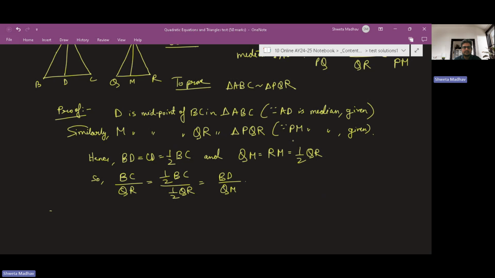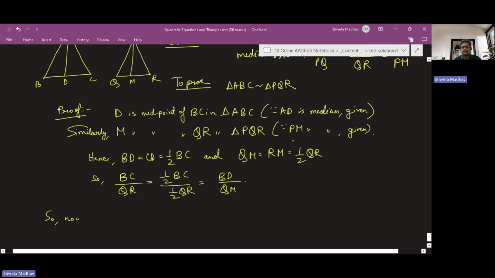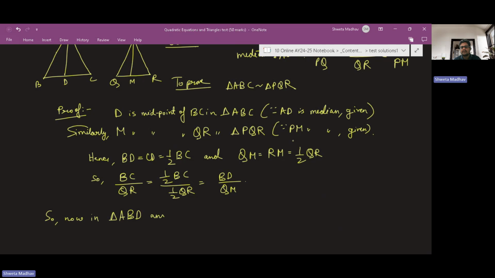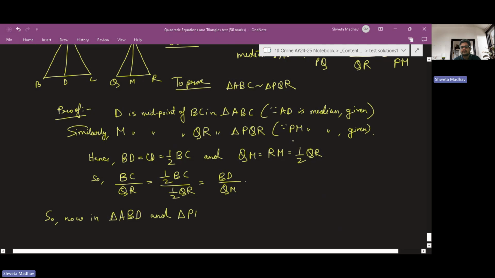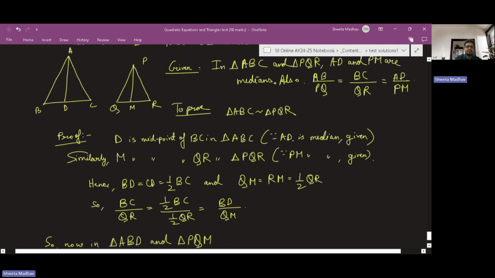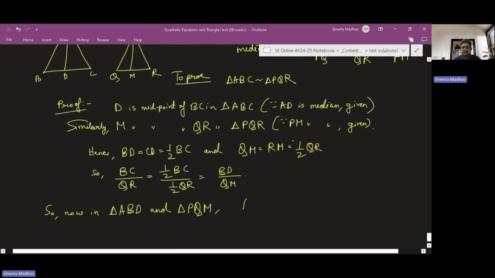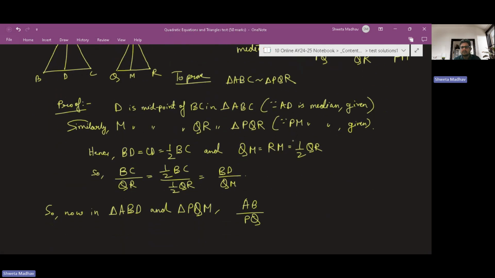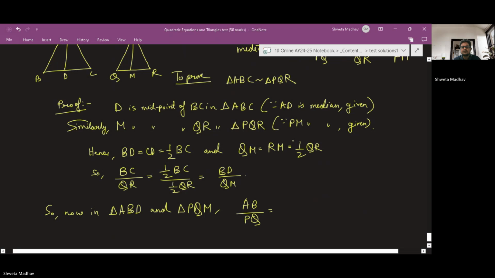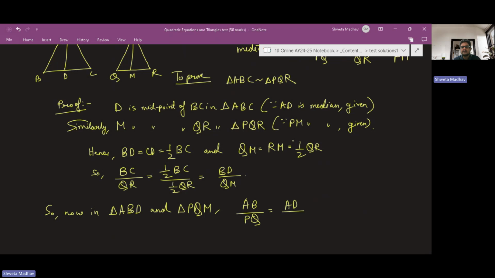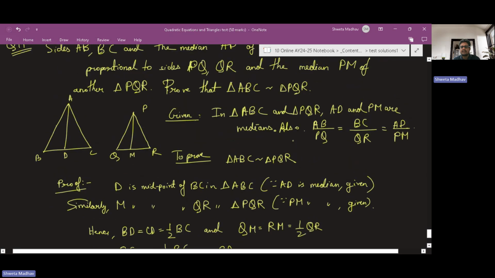So now in triangle ABD and triangle PQM, we can say that AB by PQ is equal to AD by PM, which is given.